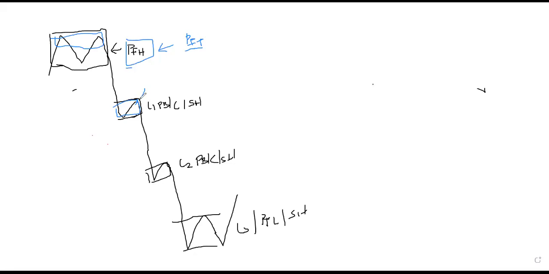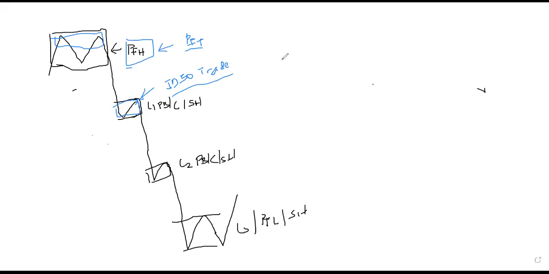Now, this level here, we call it an ID50 trade. Can someone tell me the reason why we call it an ID50 trade? Because it's the first pullback trade. Good.